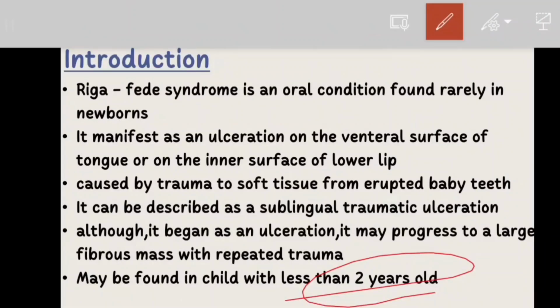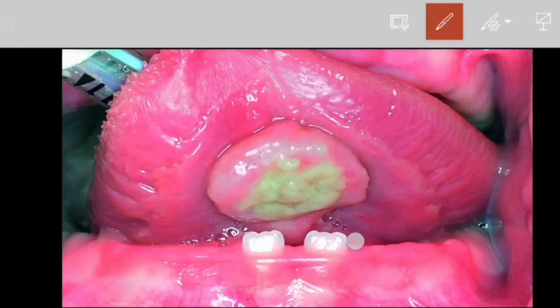So question for you, if the trauma is stopped early, do you think the lesion will continue to enlarge? The answer is no. Removing or reducing the traumatic factor is the important part of the management. Now let's understand what is happening in this diagram. Look carefully at the lower front tooth.